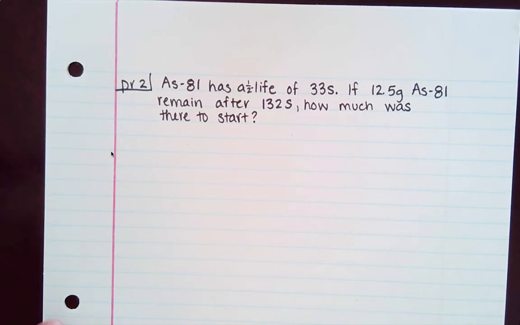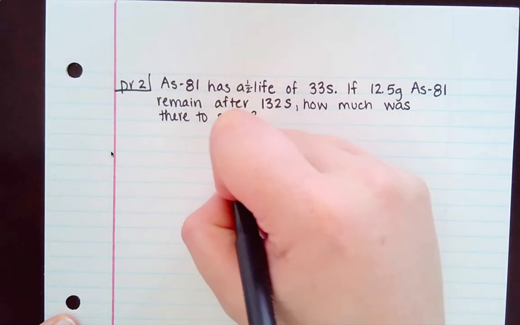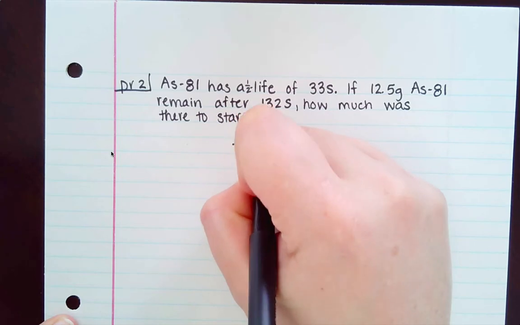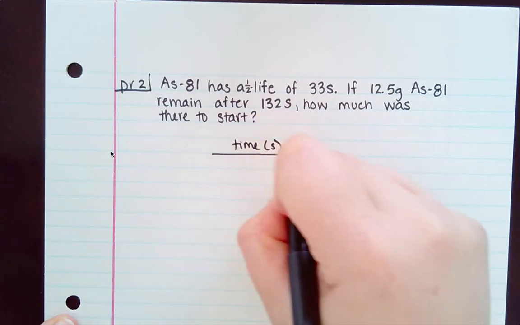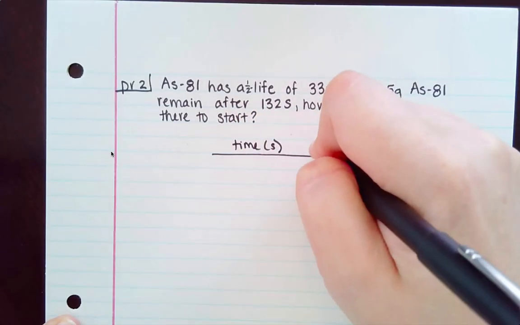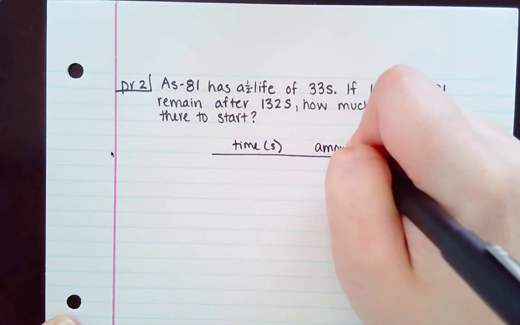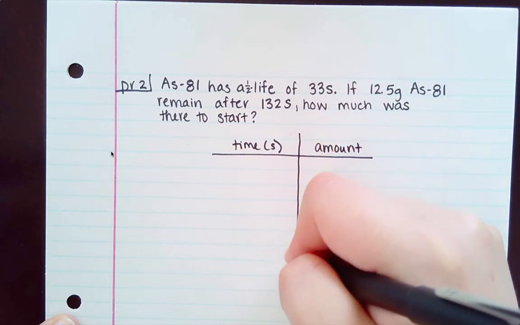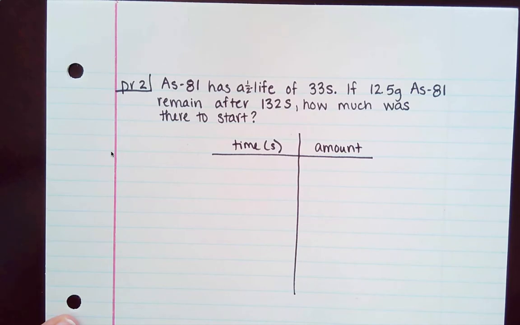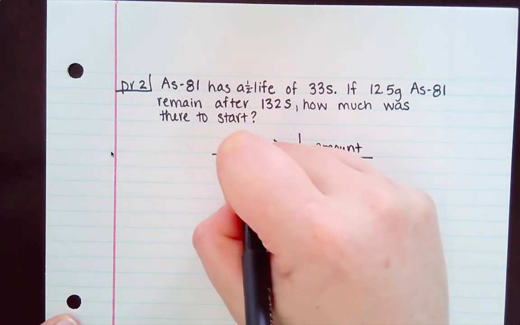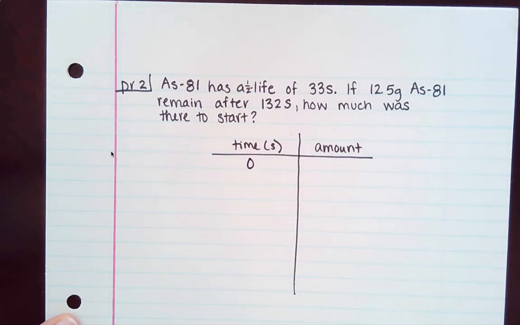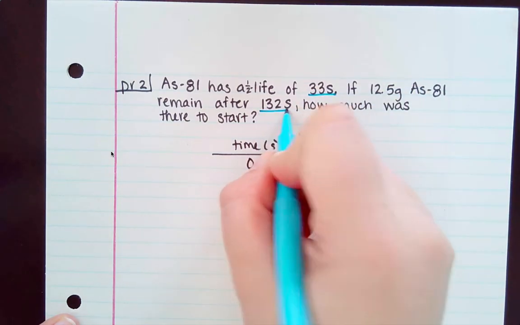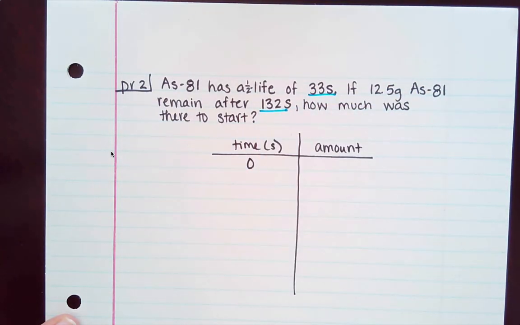All right, so we have our time, which is in seconds, and our amount. It says it has a half-life of 33 seconds, and we're going to work our way to 132. I'm going to do that first.